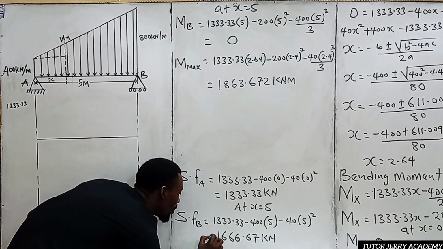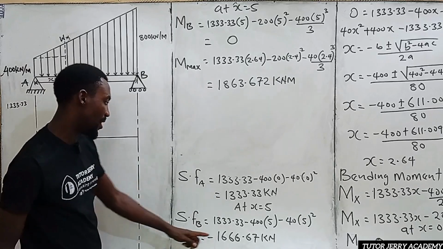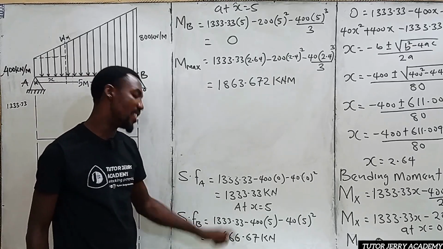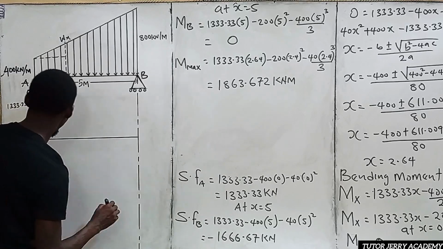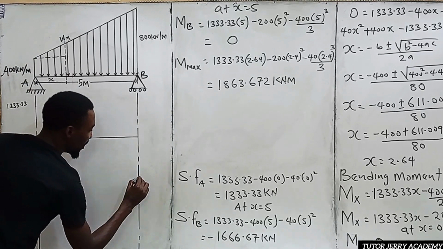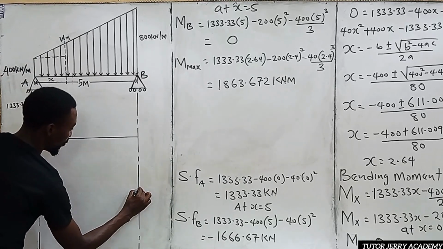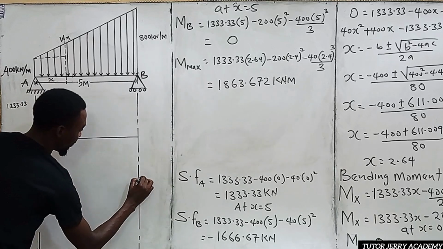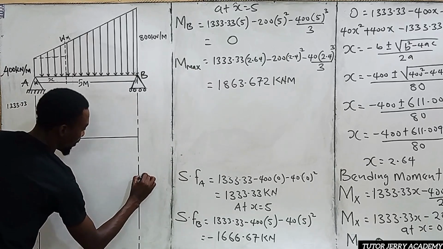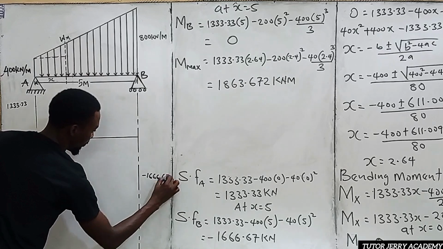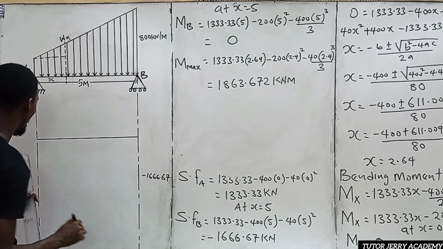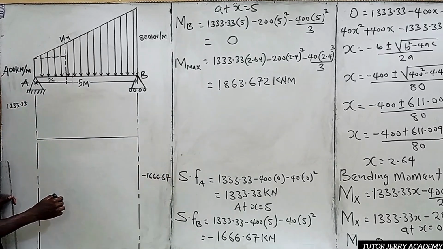It's going to be equal to minus 1666.67. That is what you are going to get. So we are going to have a negative answer here, somewhere around here. So let's put it here, minus 1666.67.